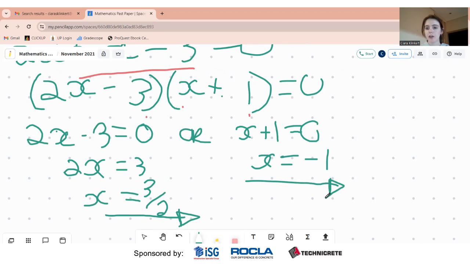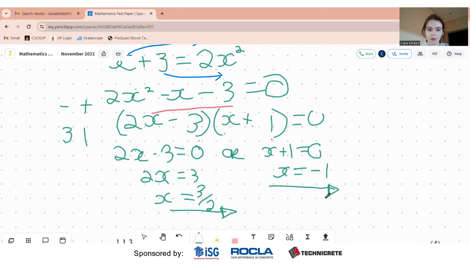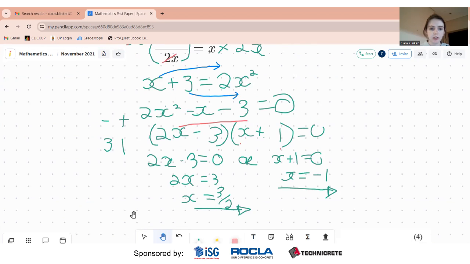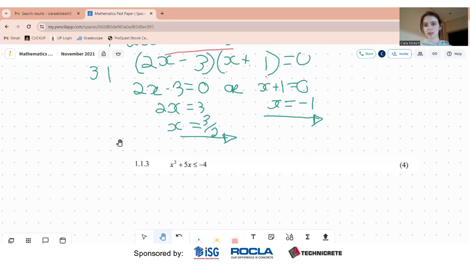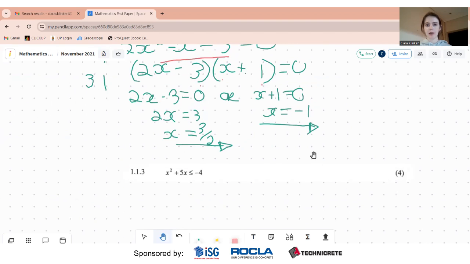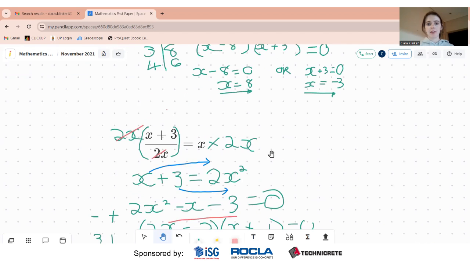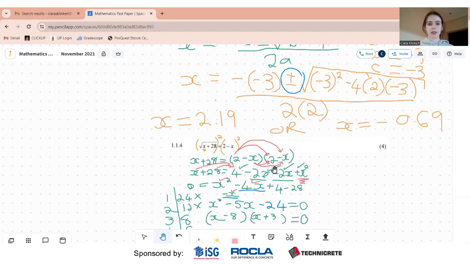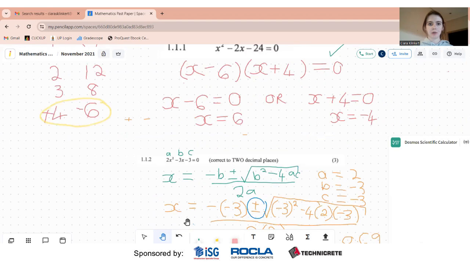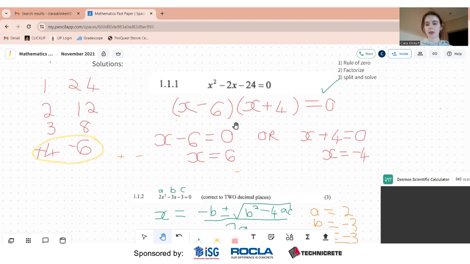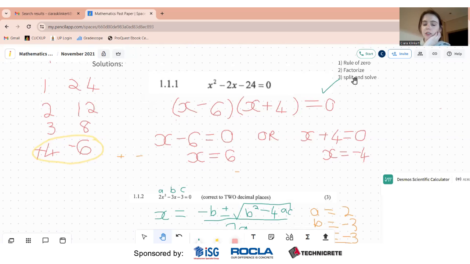Let's take stock of what we have done so far before we move on to the next question, which is an inequality. We have covered what I call the traditional quadratic equation, where we had a trinomial equal to 0. And that's where we first introduced the idea of making sure that the right-hand side is equal to 0, factorizing, and splitting and solving.